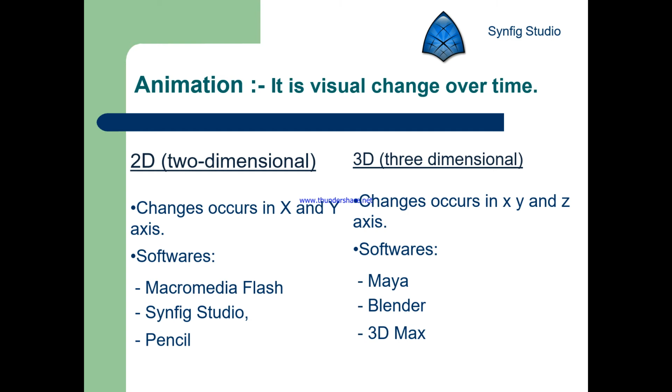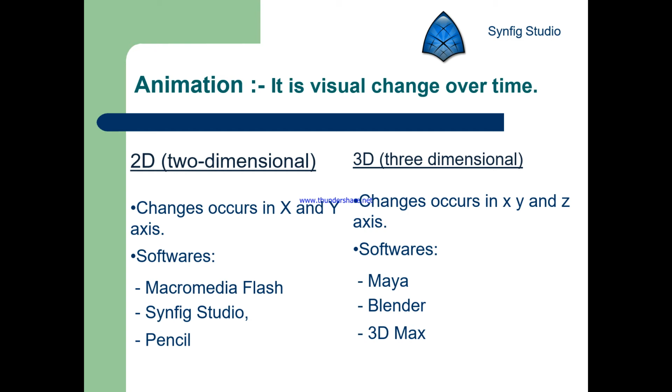Before we go with the specific tools, we first clear the concept of animation. You already know that animation means a visual change over time. We give movements to the object for specific time intervals. We coordinate the time as well as the motion, time and motion.